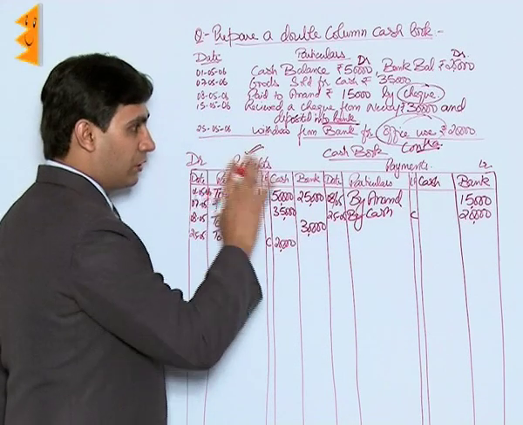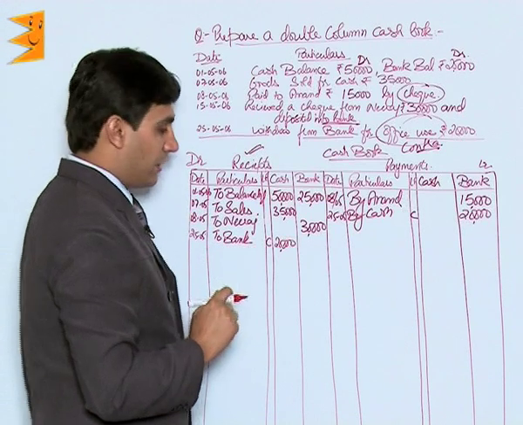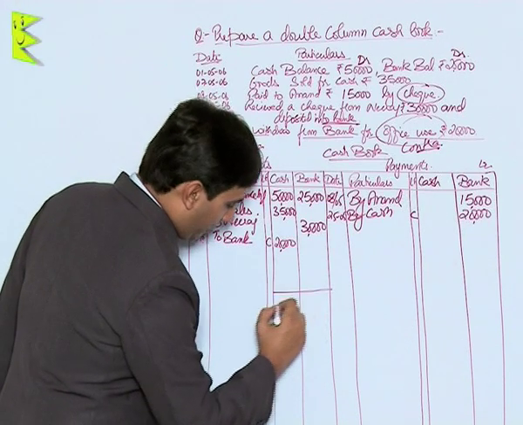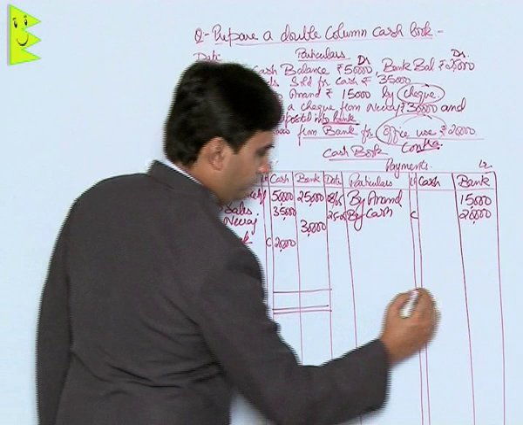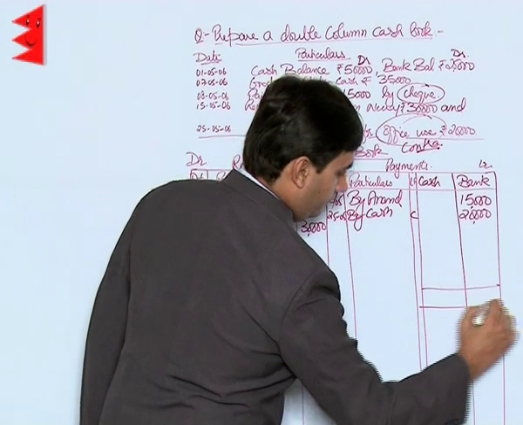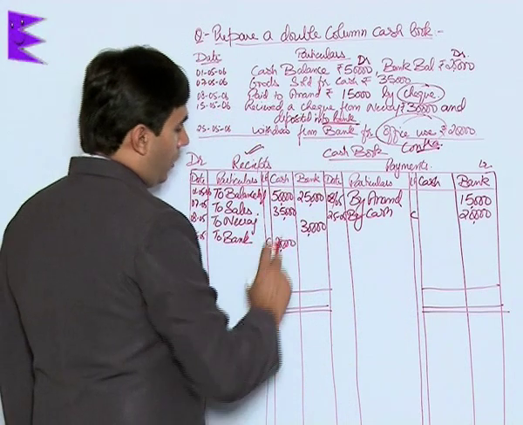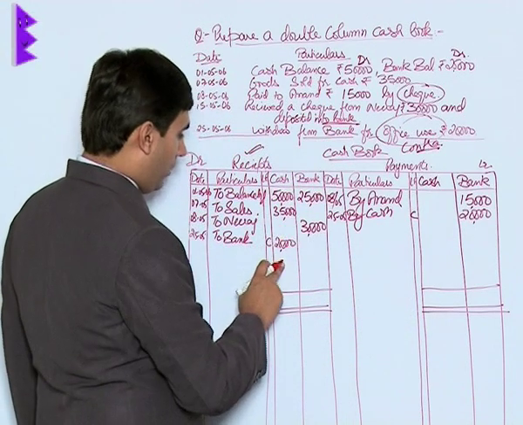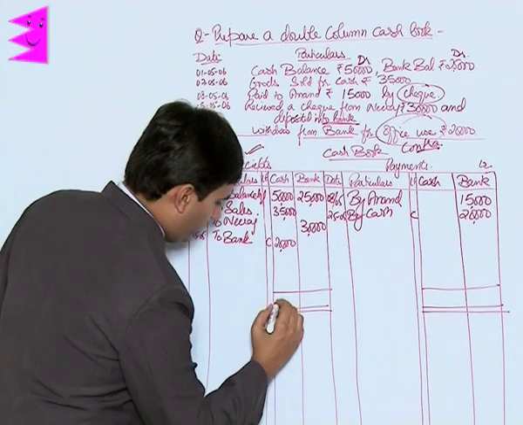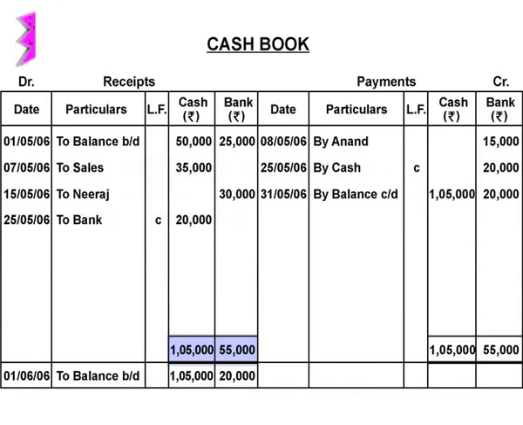Now, since all the postings have been made, let us try and balance this out. On the debit side, the cash has a total of 55 plus 50, that is 1,05,000. And the bank column has a total of 30 plus 25, 55,000.